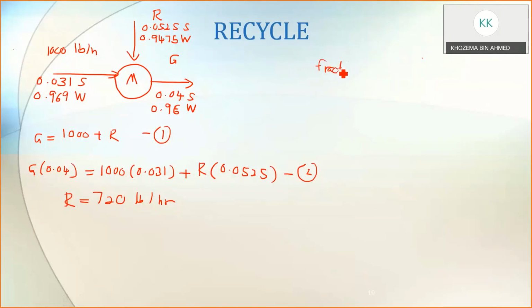Just put here, fraction recycle is equal to R over P1, and we know that P1 is R plus B, so R over R plus B is going to be equal to 720 divided by 720 plus the value of B, which we calculated earlier was 586.4.